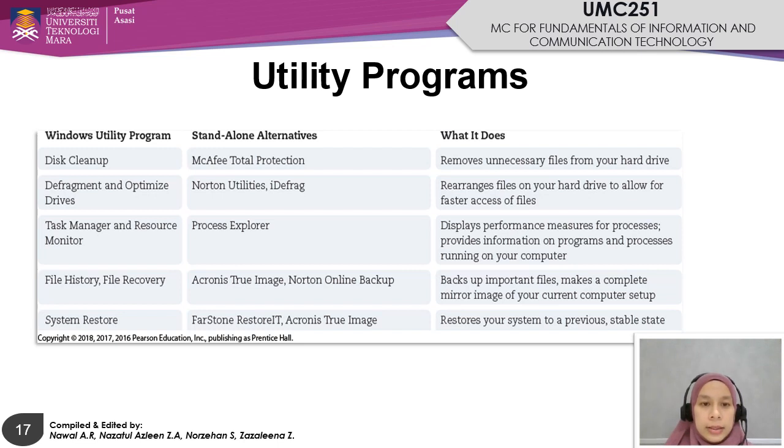And you might install standalone alternative software such as McAfee Total Protection, Norton's utility or defragment, and then Process Explorer or Acronis True Image, and then Norton Online Backup for the backup process. You can also have software like Firestone Restore IT and Acronis True Image to restore your system to how it was previously.